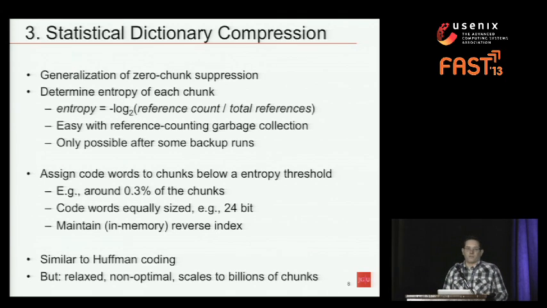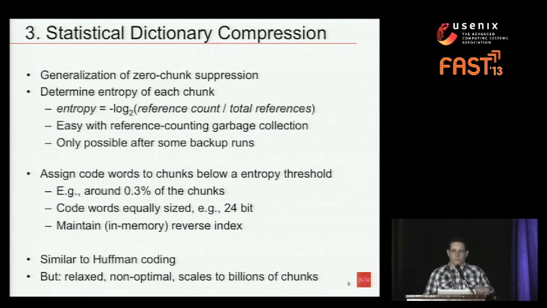This is easy to implement with the reference counting data deduplication system because we already have the number of references to a chunk. But this is only possible after we have a few runs in the system, because only then we can start estimating the entropy, and the entropy is then pretty stable. In this approach, we assign a smaller code word to all chunks in the system that are below a certain entropy threshold.